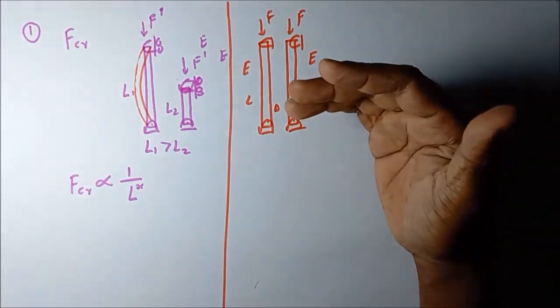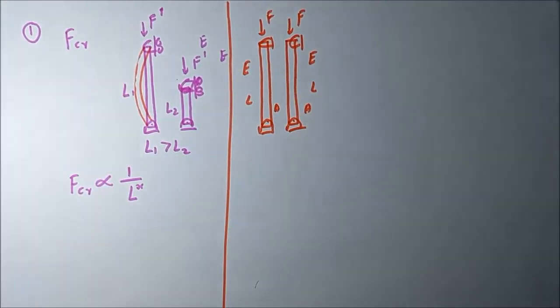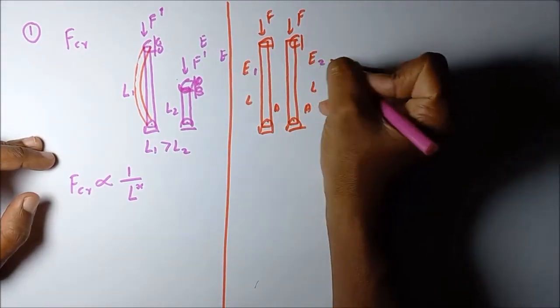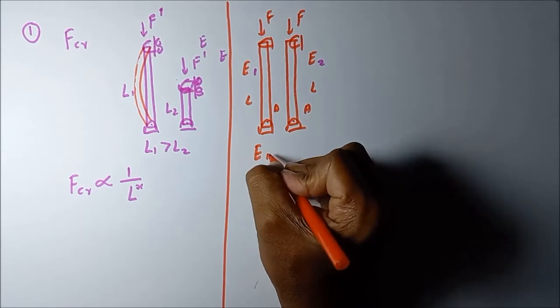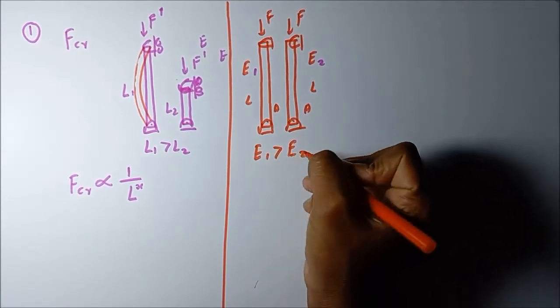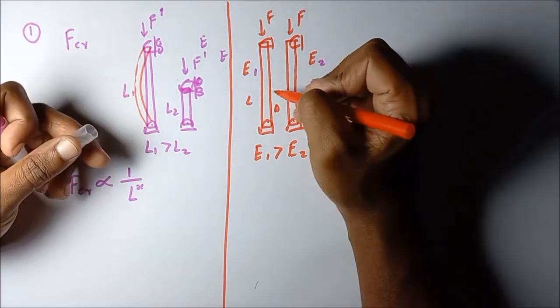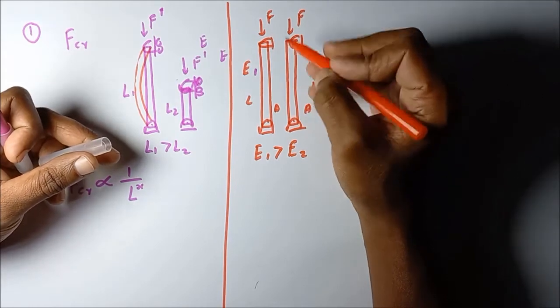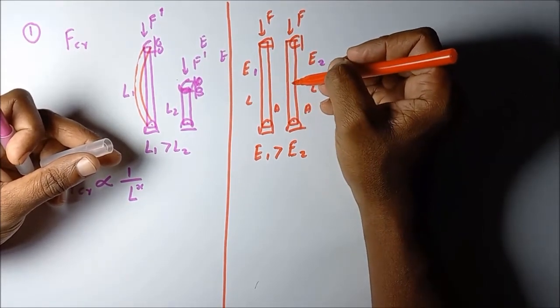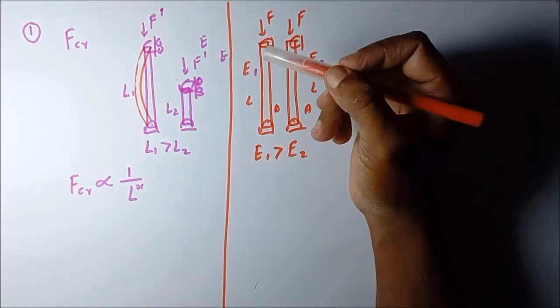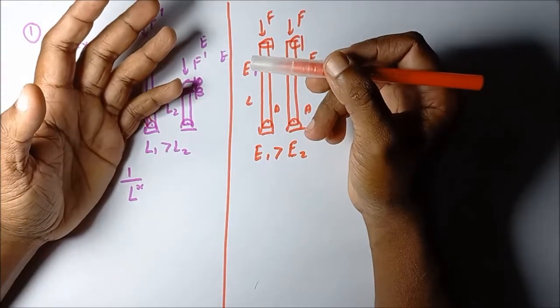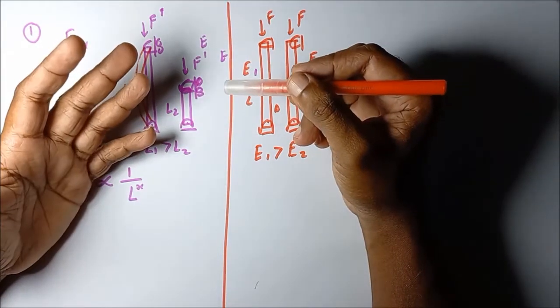The only difference is the elastic modulus of the material. This one has E1, this one has E2. Let's take E1 greater than E2. That means this material is more rigid than this material, because E1 is greater than E2. When the material is more rigid, it is more resistant to buckling.